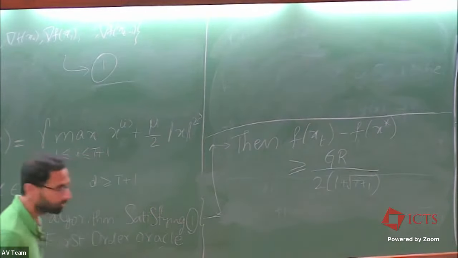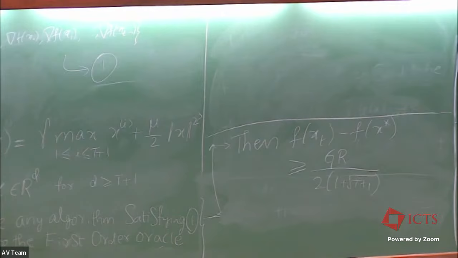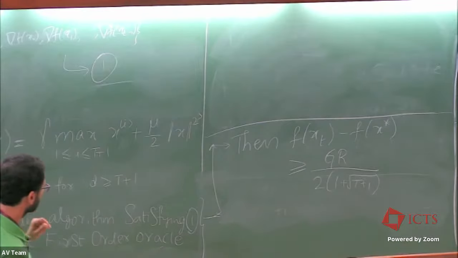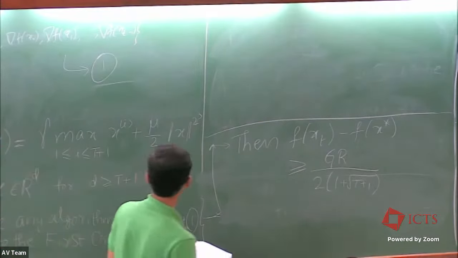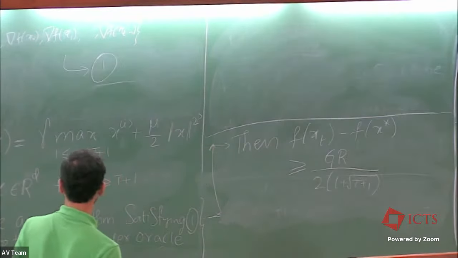So what we are saying is we consider this function for any algorithm which satisfies the span condition, and in particular, gradient descent does follow this condition, right? R is the distance between x naught and x star. That's correct. Yeah, x naught and x star.